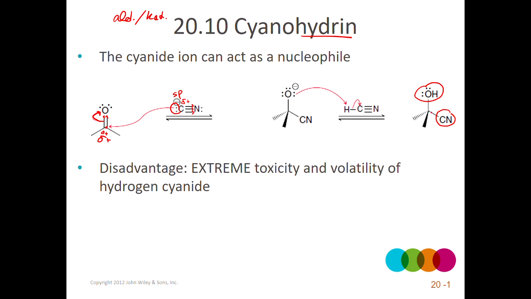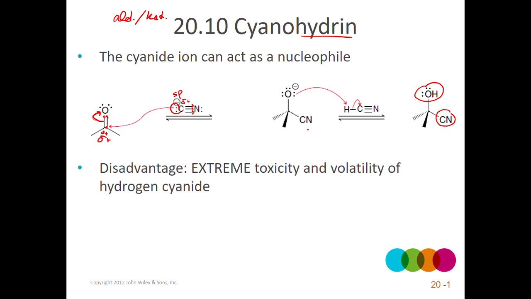And this is a nice reaction. It adds a carbon to the molecule, right? Because we're adding this carbon in here. The CN group is a group that can undergo subsequent reactions after this to convert this into other functional groups. So it allows us to introduce a carbon into the structure and control the variety of the resulting functional group somewhat.